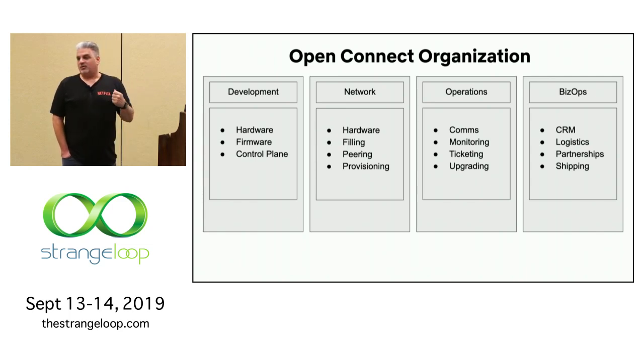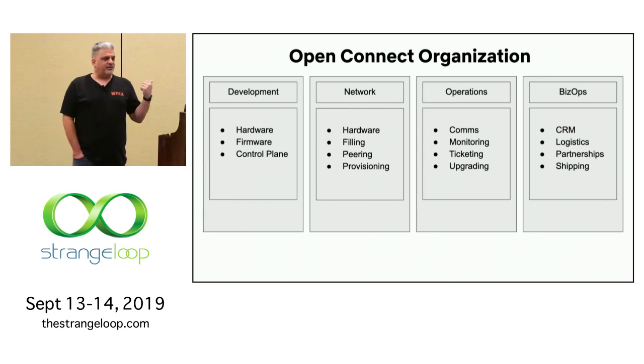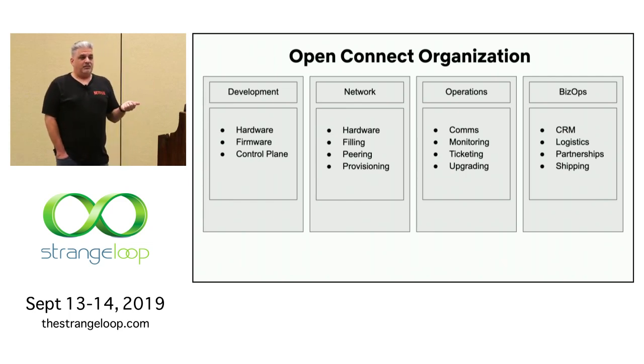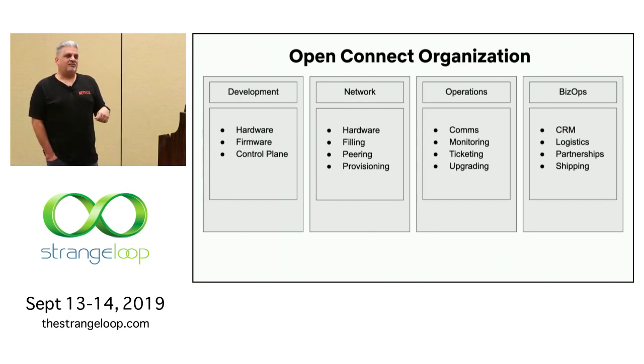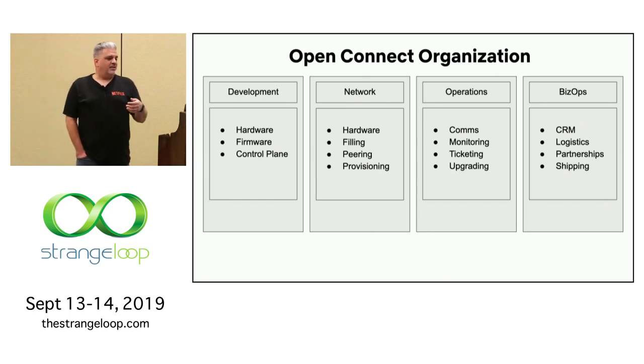We talked about the network, which is the last picture I showed: making sure we're provisioning the right network things and getting a good cost for those over time as the landscape changes. There's an operations component. We have to make sure this thing is up and running, doing the right things, and that we have the right communication set up with partners, so that we can make sure things are going right on their end for the ones that have embedded OCAs in their installations.